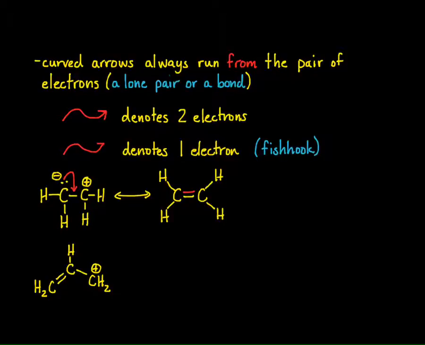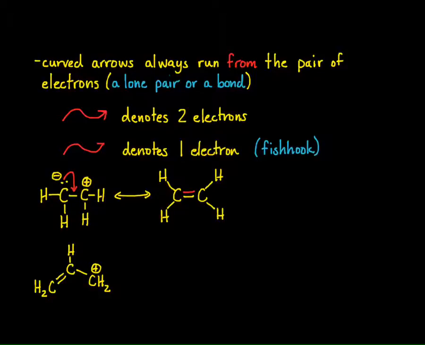It's electron deficient, and so I can simply draw another resonance form of this particular structure by taking a pair of pi electrons and simply moving them, right? Because remember, bonds are electrons.